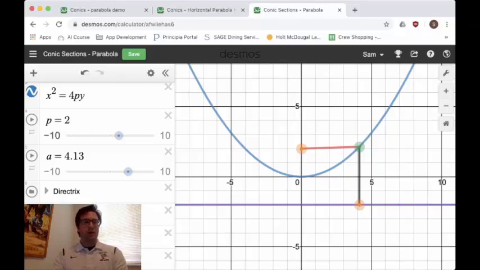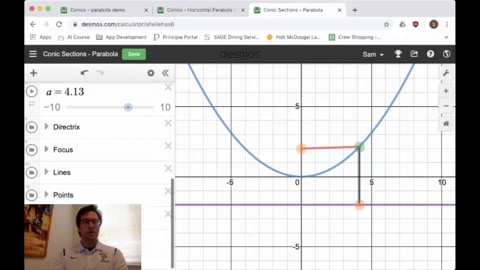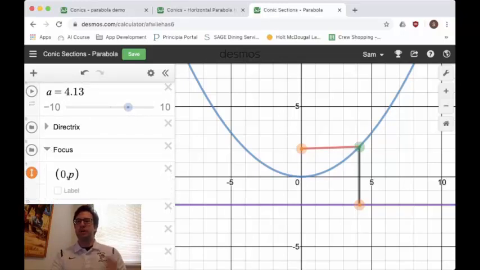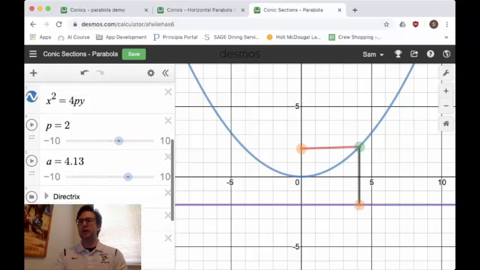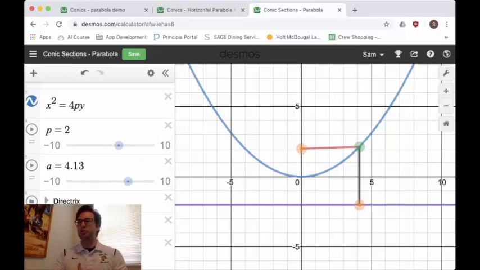The focus is always just going to be at the point 0, p. So as soon as you know what the value of p is, you know where the focus is. Because the equation we've graphed has a value p equals 2, the focus for this parabola is at 0, 2.